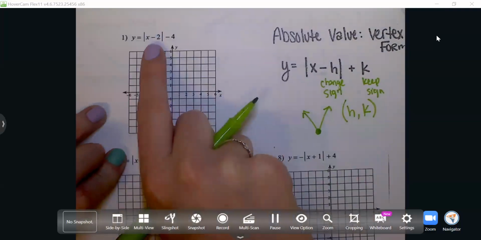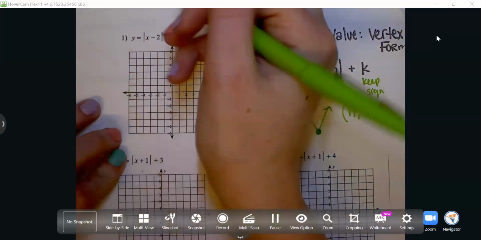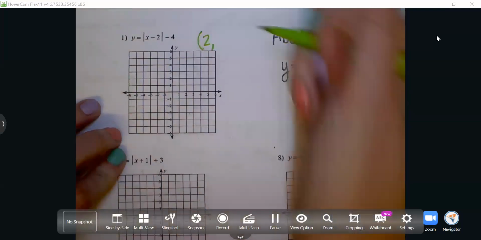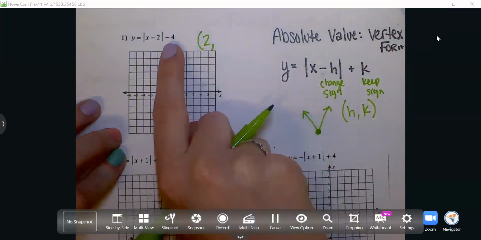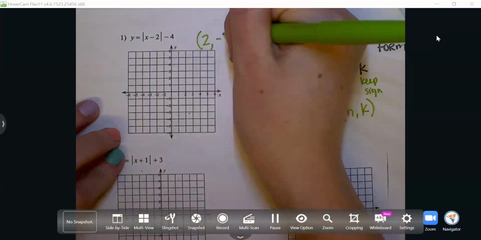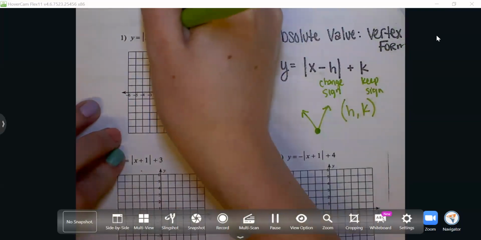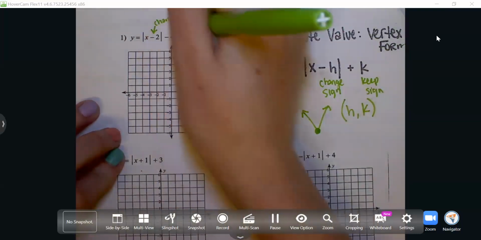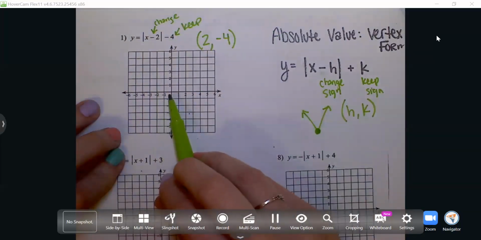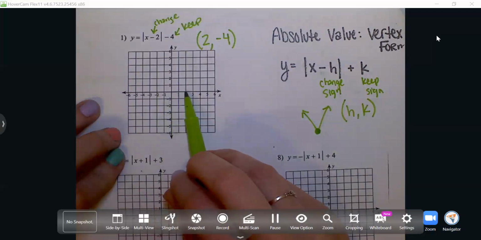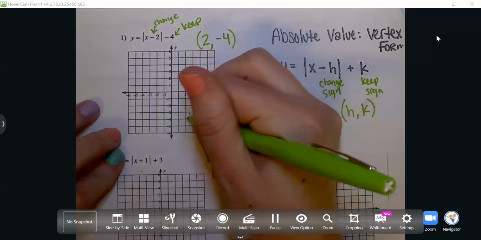Meaning, if I have a -2 here, my vertex is going to have a +2 as the x value. But if I have a -4 here, I'm going to keep that sign and be -4. So change, keep. And I'm going to just plot that point, 2, -4. That's x value 2, y value is -4.